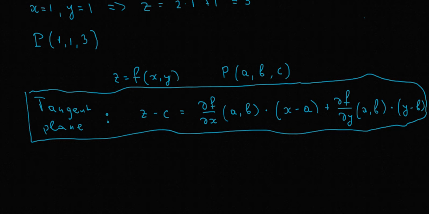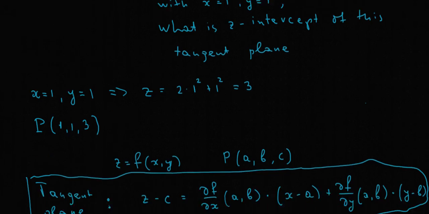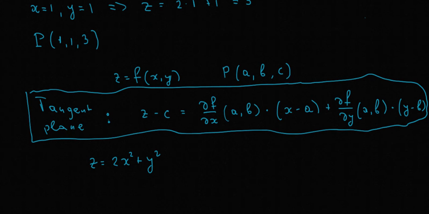Okay, so z equals 2x squared plus y squared, right? Yes. And so let's go ahead and calculate our partial derivatives. The partial derivative of z with respect to x is going to be 4x, and we will plug in x equals 1 to evaluate our partial derivative at our point (1, 1), and that's going to be 4.